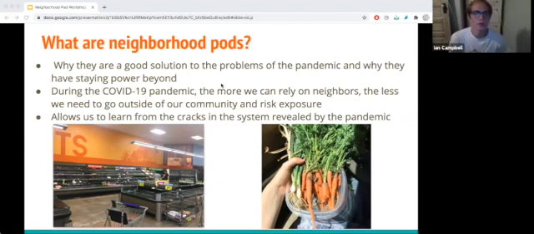I think people were attracted to these neighborhood pods because they provide some hope of community self-reliance in a time when a lot of us were feeling real uncertainty about the future. During the COVID-19 pandemic, for some of us for the first time in our lives, we saw empty grocery store shelves and the closure of many places we may have frequented.